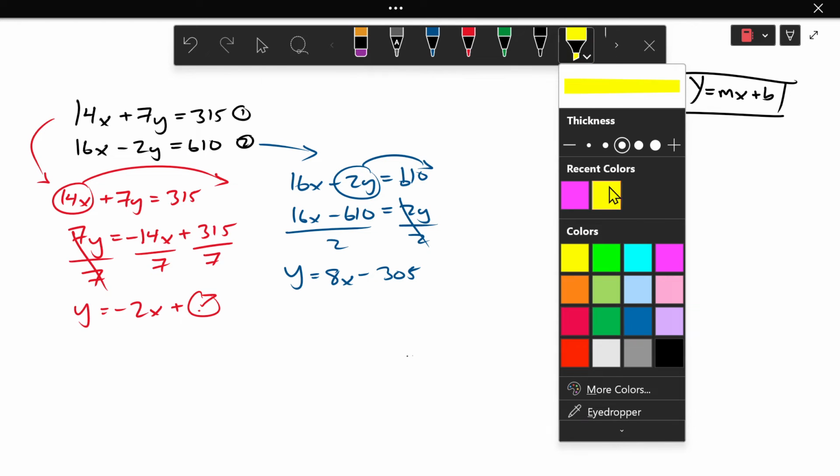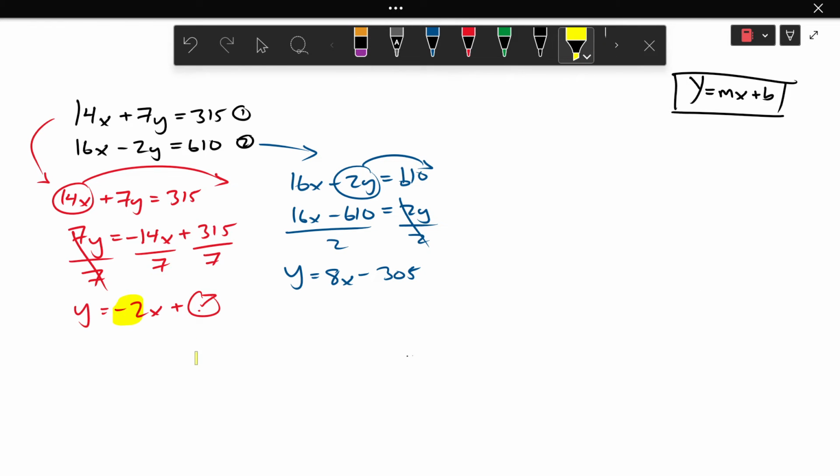So because the slopes are different, I've got a negative 2 here and a positive 8 there. Whenever the slopes are different, your solution is one solution. You have one unique solution when the slopes are different.